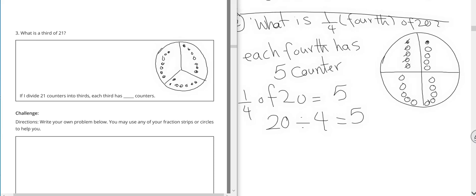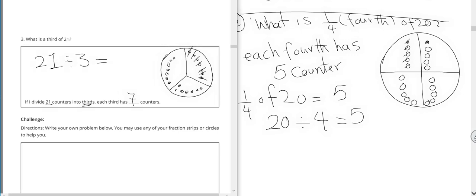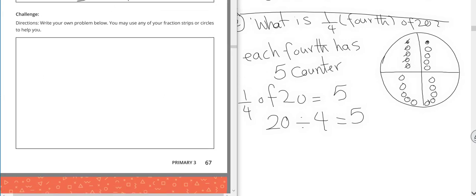Each third has how many counters? 1, 2, 3, 4, 5, 6, 7. If I divide 21 counters into thirds, each third has 7 counters. We can write it as 21 divided by 3 equals 7.